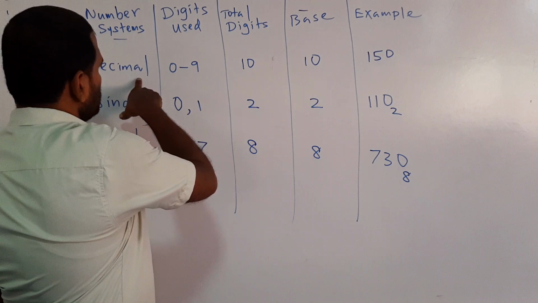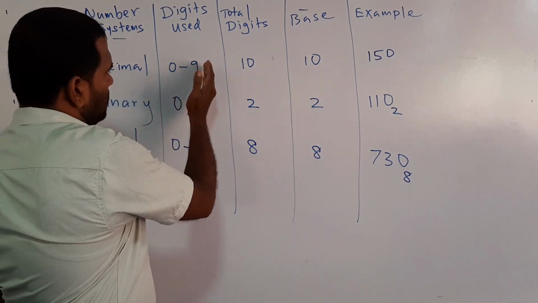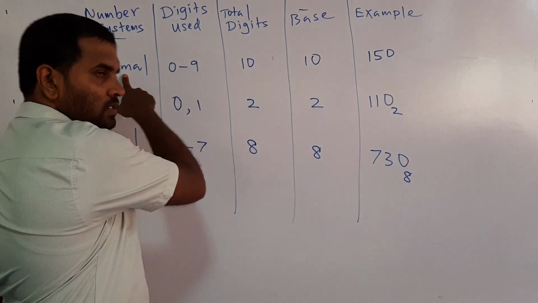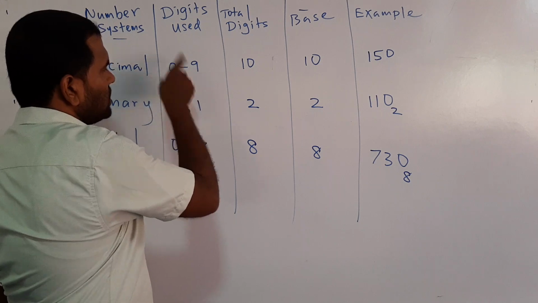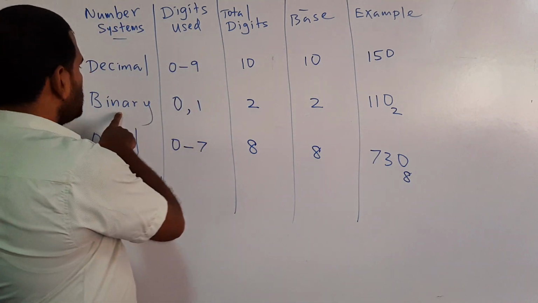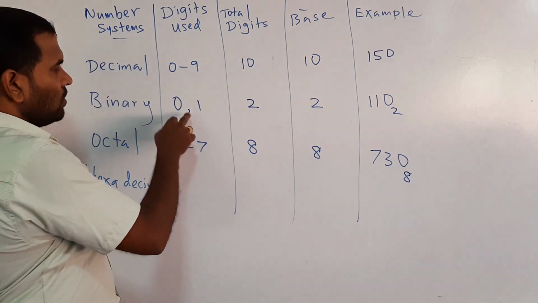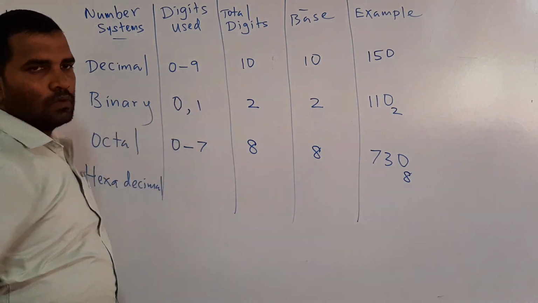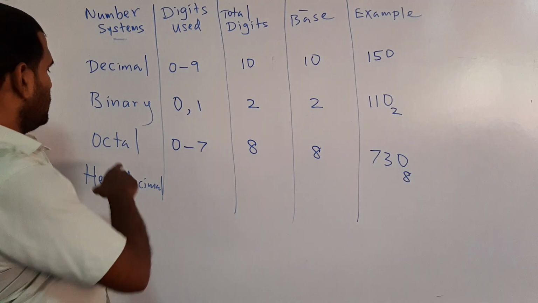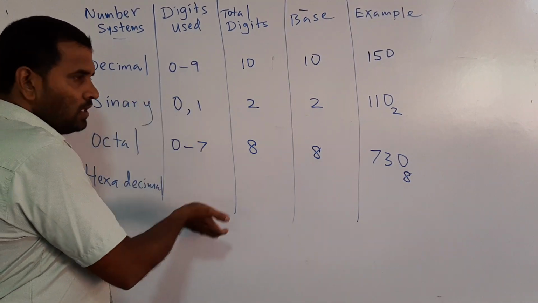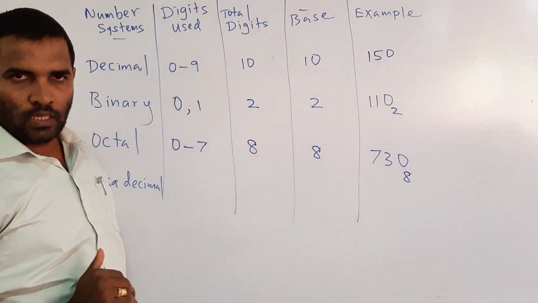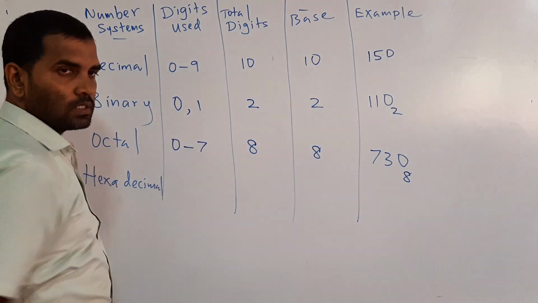If it is decimal, the digits are before 10. Decimal means 10, so before 10, 0 to 9. Binary means 2, so before 2, from 0 to 1. Octal is 8, so the digits must be before 8, which means 0 to 7.